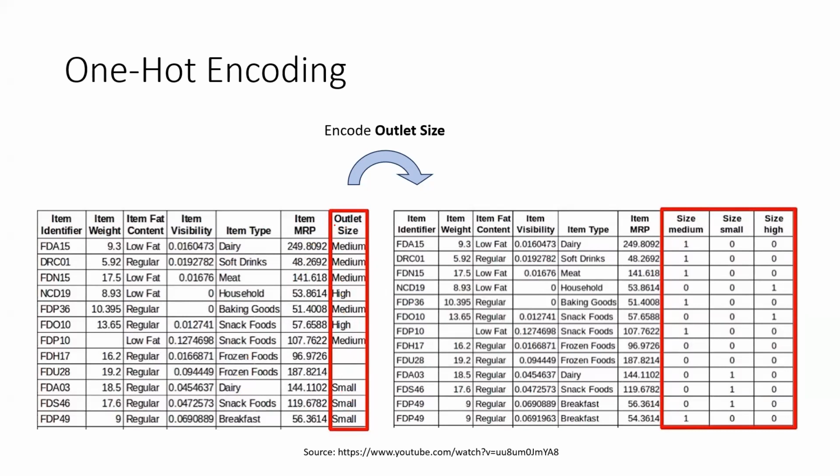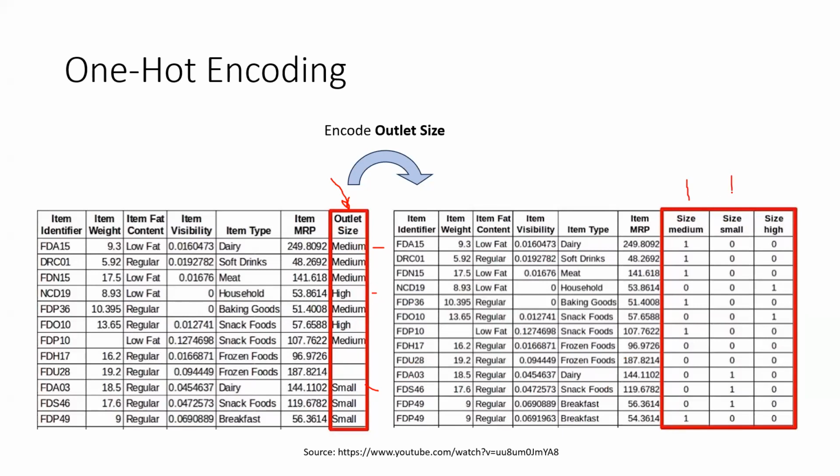So now this is a categorical variable, right? Categories means there are only three categories: medium, high, and small, right?